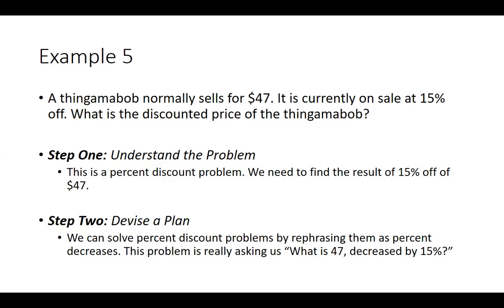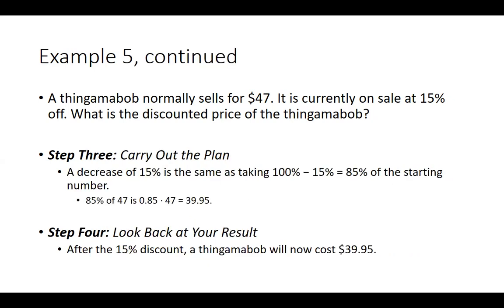We can solve percent discount problems by rephrasing them as percent decreases. This problem is really asking us, what is 47 decreased by 15%? A decrease of 15% is the same as taking 100 minus 15%, or 85% of the starting number.